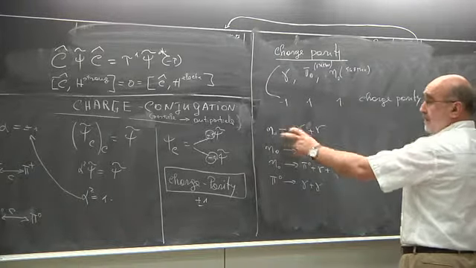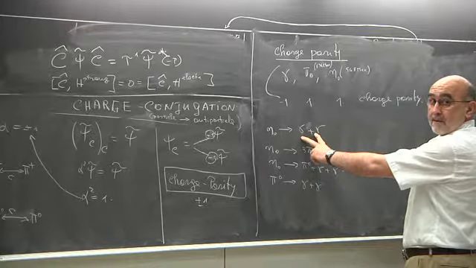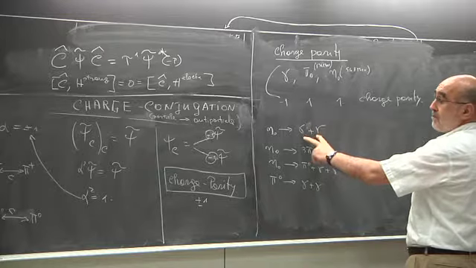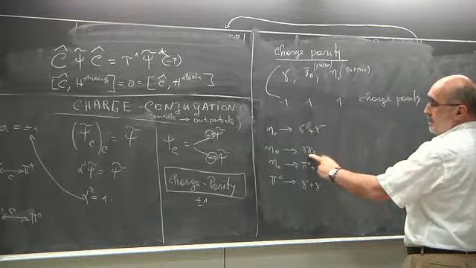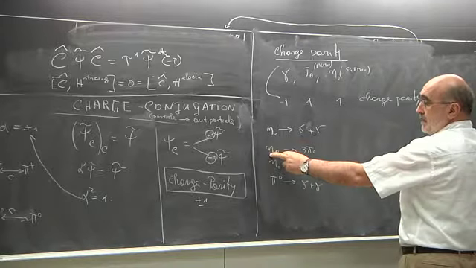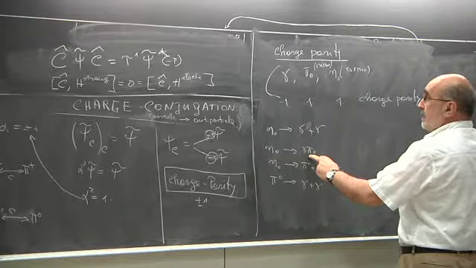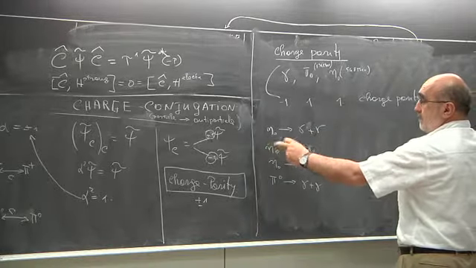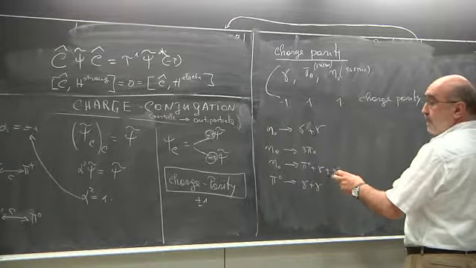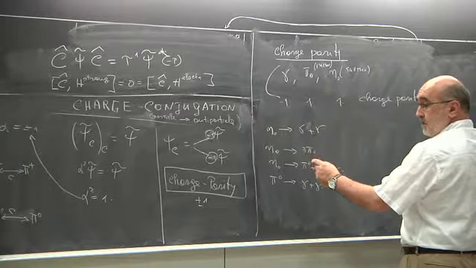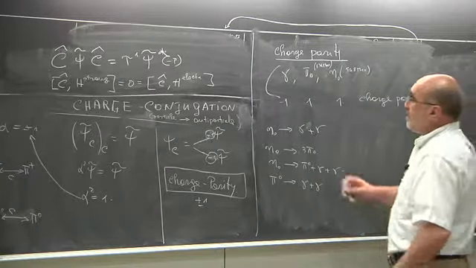Yes, 1, and here I have -1, -1, you multiply, you get +1. The quantum numbers get multiplied when you have a product. If you have more than one particle, you multiply. Here you have 1, here you have -1, -1, you multiply, you get +1, the same here.